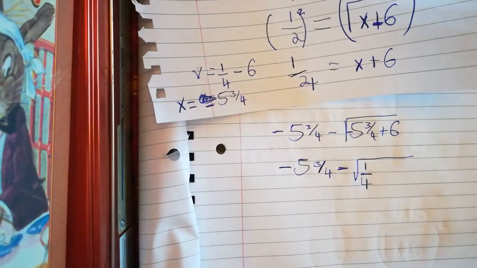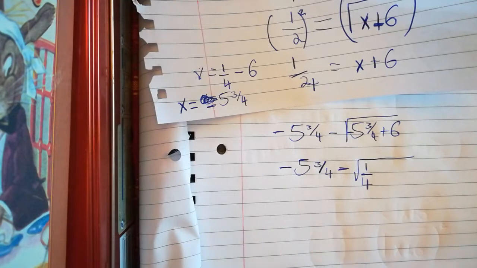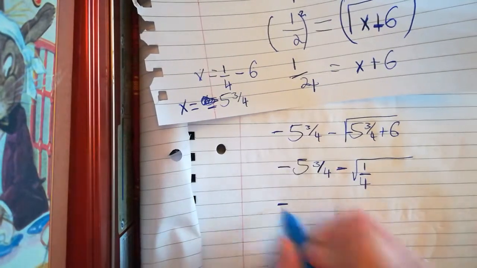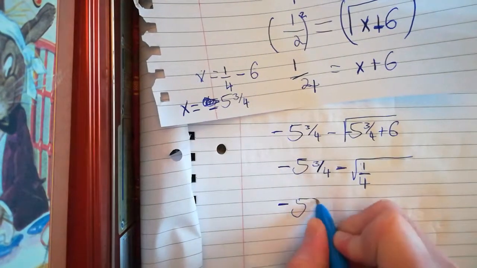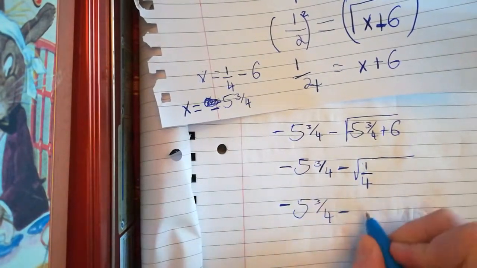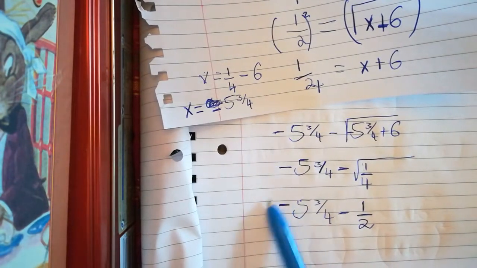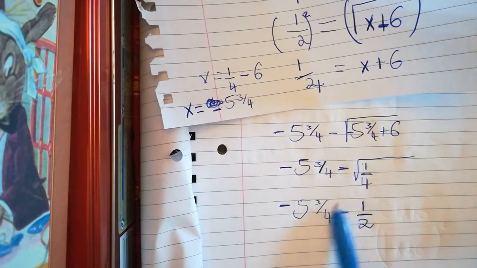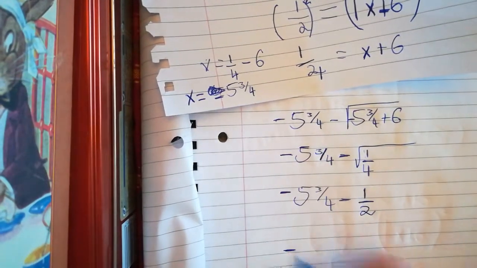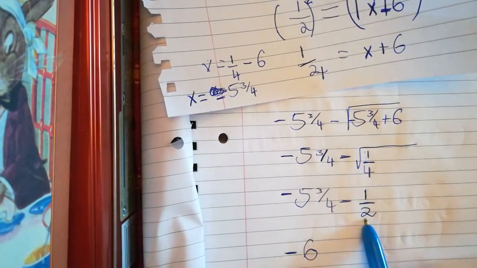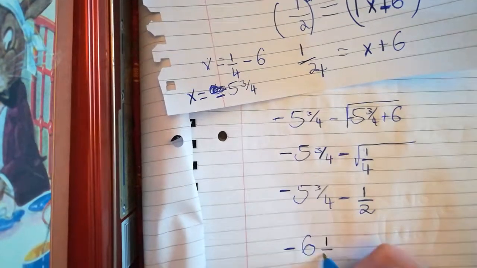The square root of a quarter will just be the square root of 1 over the square root of 4, so the square root of 1 is just 1, so it's going to be a half. So minus 5 3/4 minus a half, so they're both minuses, so it's going to be minus 6 1/4. And that is our answer.